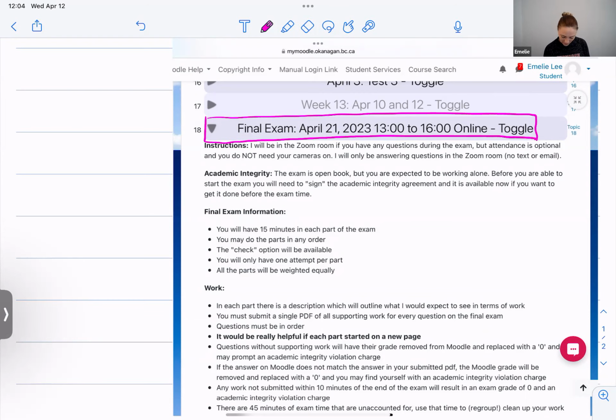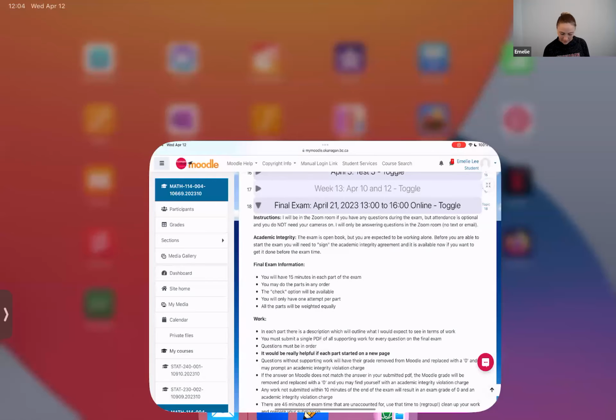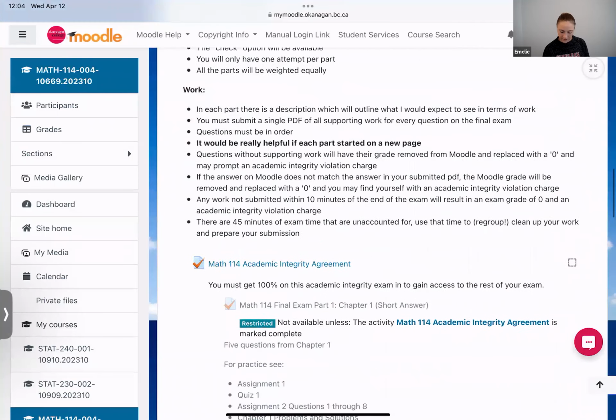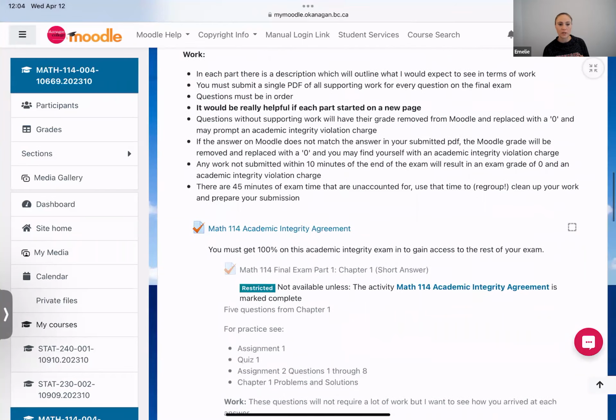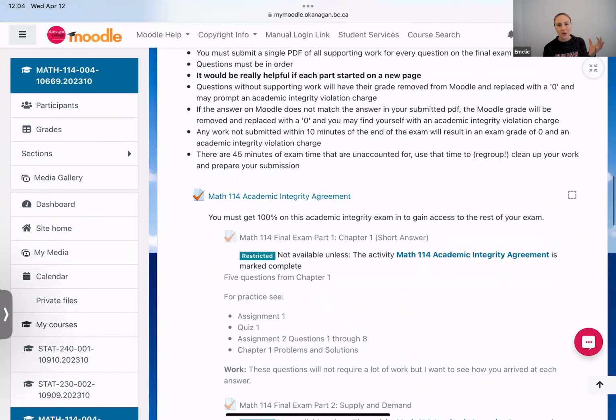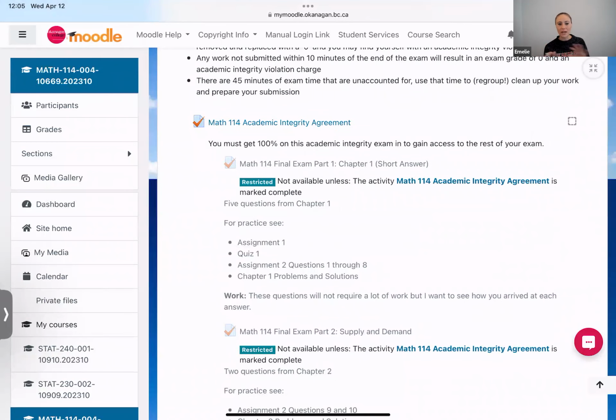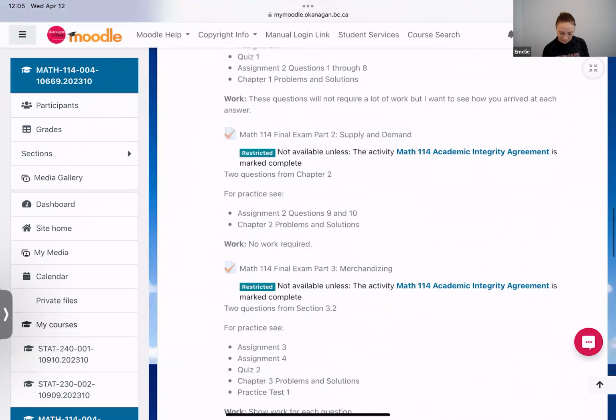If we scroll through here, what I want to work through today is all that's written here, because I know there's a lot of text and no one likes to read. So I just want to go through and talk about each of the sections.